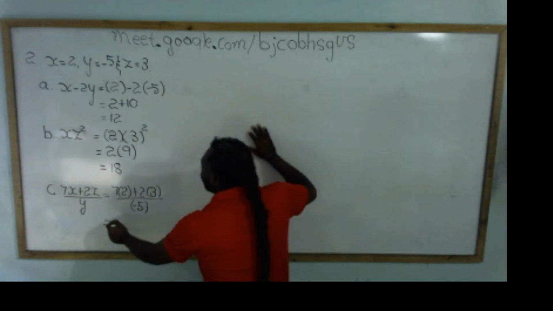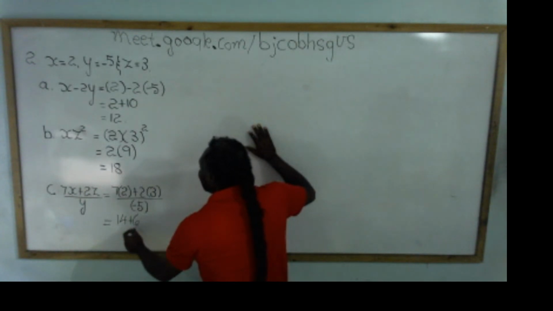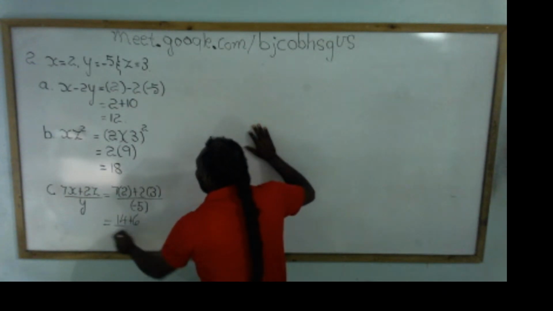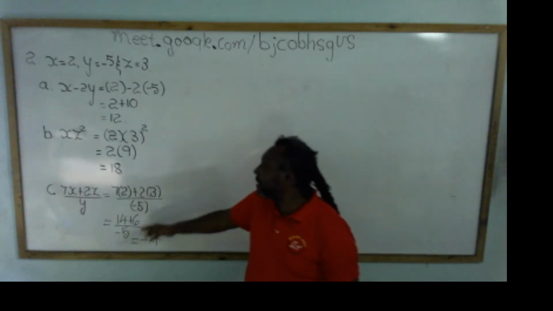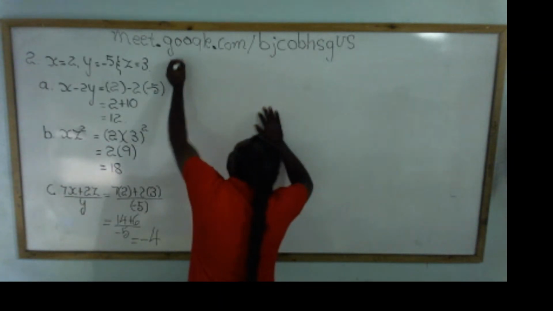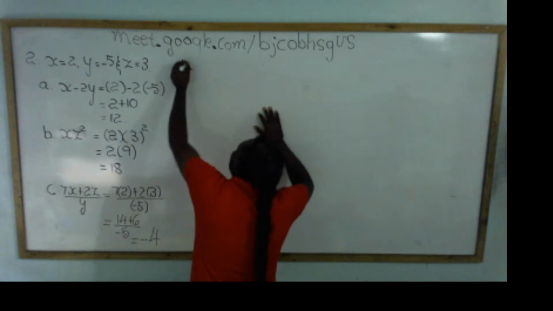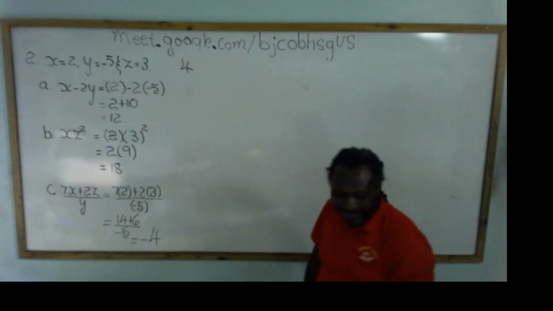So 14 plus 6 over negative 5, and the final answer is negative 4, because 20 is going to be there. Students, I'm not doing every one for you. I'm doing the even numbers.